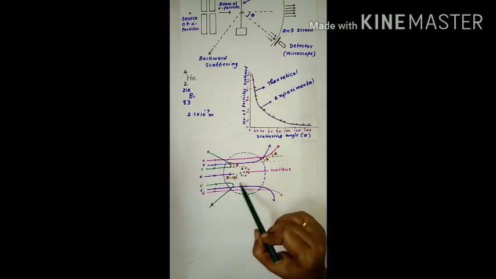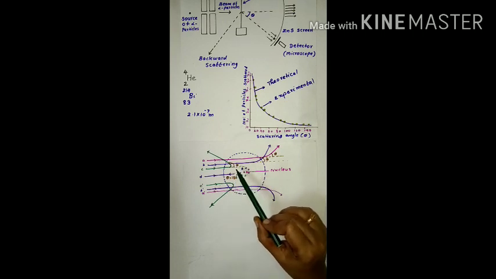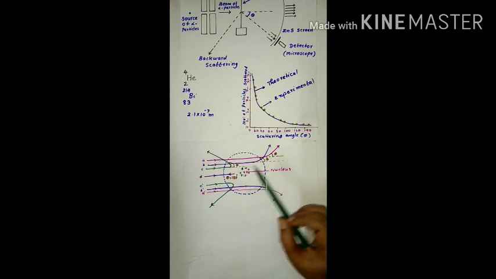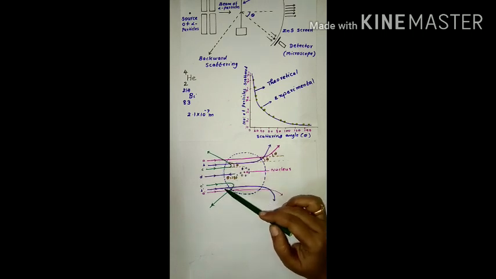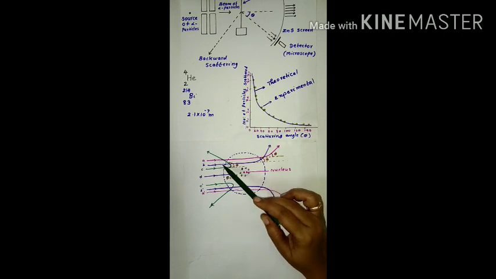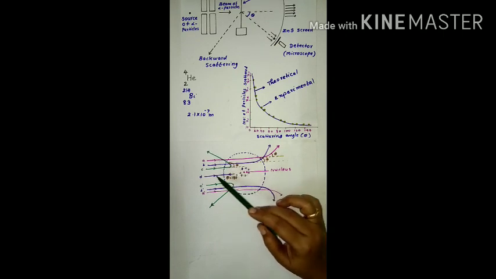To explain this large angle scattering, Rutherford suggested that all the positive charge and mass of the atom is concentrated in a very small region called the nucleus of the atom. Because of this positively charged nucleus, B, B dash, C, C dash and D are repelled, that is deflected.